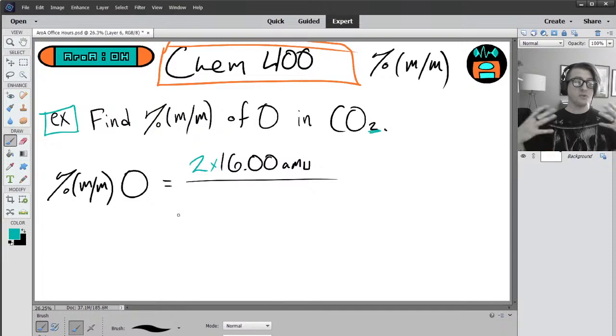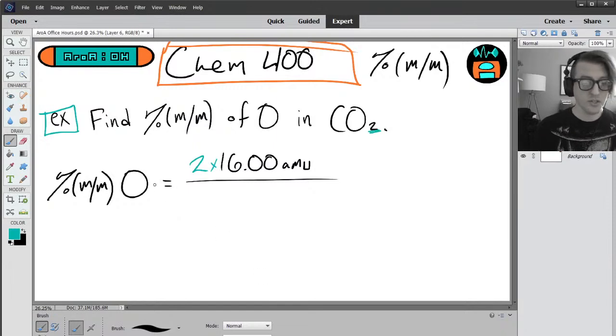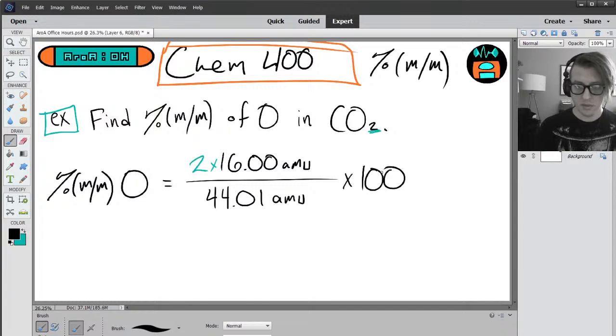So if we're calculating the percent mass of oxygen, we need to incorporate that. So it's going to be 2 times 16 over our molecular weight, 44.01 AMU, times 100.